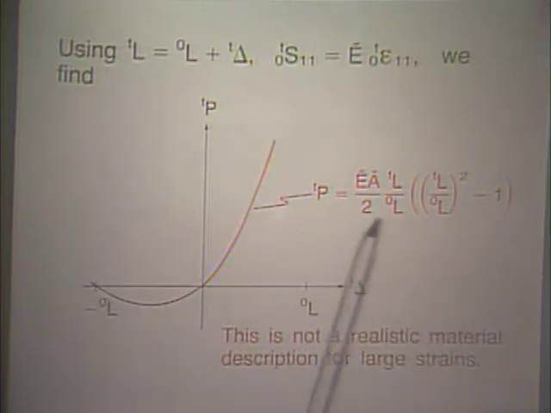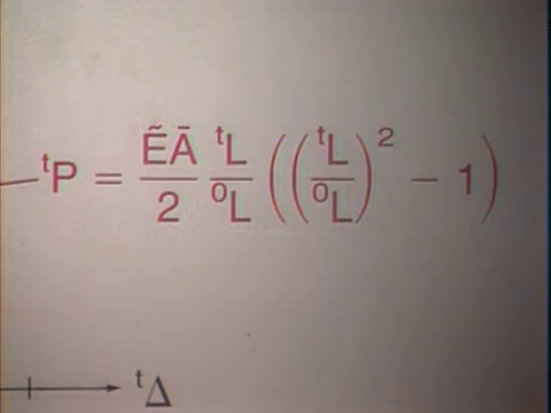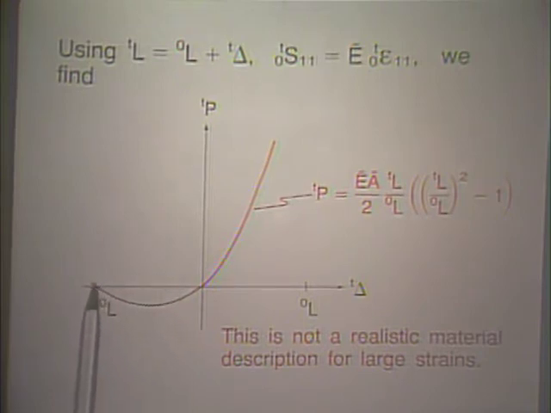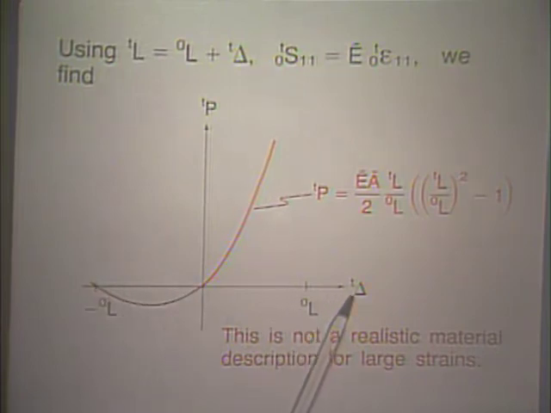The expression is actually given here. And it is quite unrealistic, certainly in this region here. It's not a realistic material description for large strains. You see here at this point we have a zero force to be applied when the displacement at the end of the bar is minus the original length of the bar.